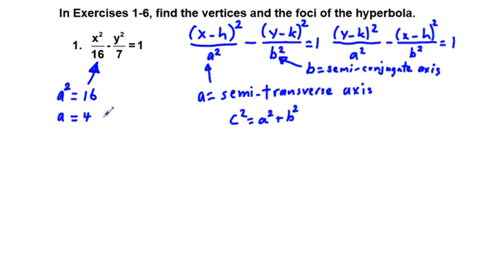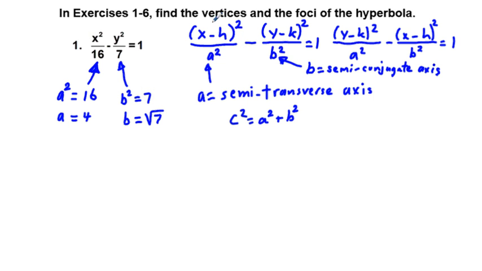And so this is going to be key to where our vertices are. Now, if b squared equals 7, b, or our semi-conjugate axis, is going to be square root of 7.